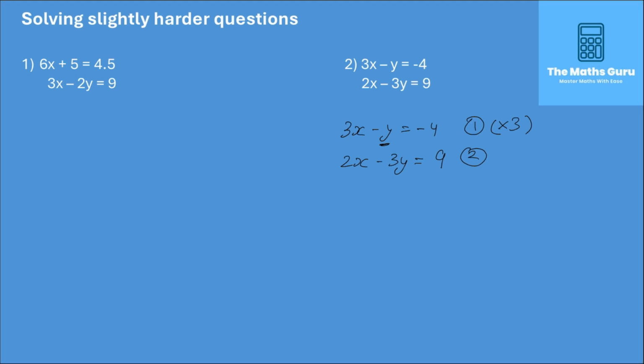So timesing equation 1 by 3, we get 9x minus 3y is equal to minus 12. Now rewriting equation number 2 underneath, we get 2x minus 3y is equal to 9.